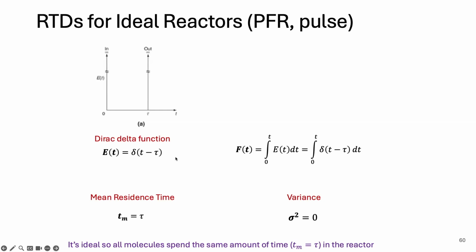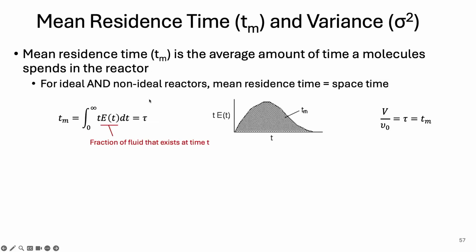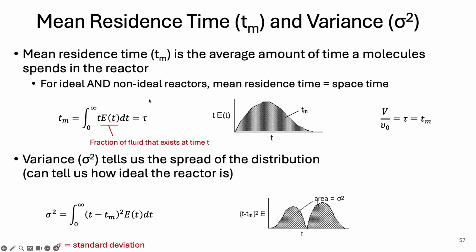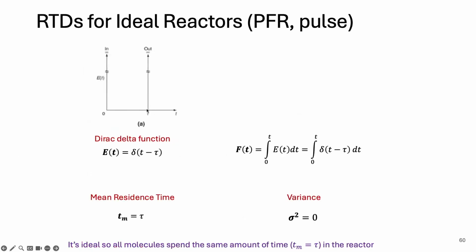And for an ideal PFR with a pulse input, we would expect the mean residence time, Tm, to be equal to tau. And since our curve would have zero spread in the ideal case, our variance should be equal to 0. And we could calculate that numerically. If Tm is equal to tau, then our variance should be equal to 0 from the previous slide.